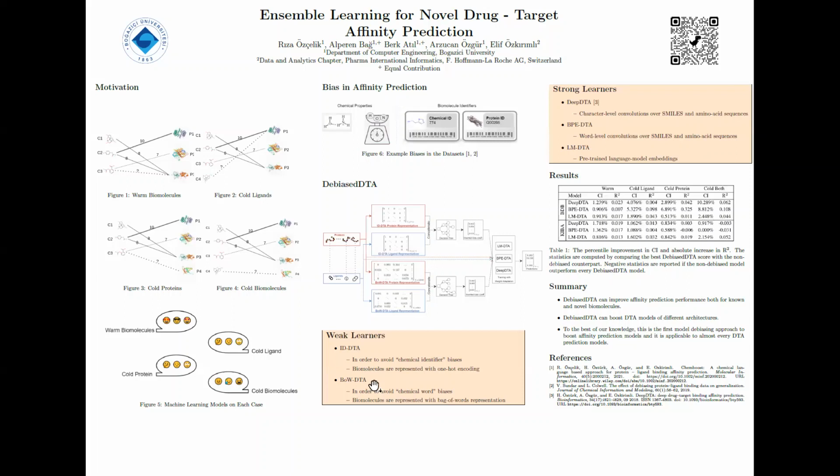And we know that chemical words can induce some bias on the models because a similar problem is observed in natural language processing tasks. So it might be available in the drug target affinity prediction task as well. Our weak learner ID-DTA uses one-hot encoding to encode the identities of the biomolecules, and BOW-DTA uses bag-of-words representation of the chemical words available in the biomolecule sequences.